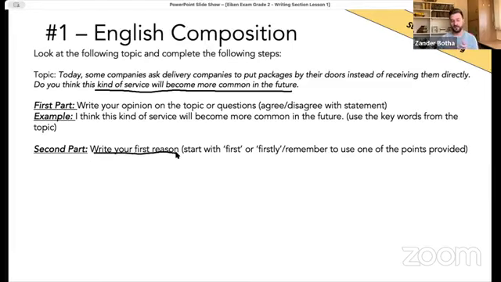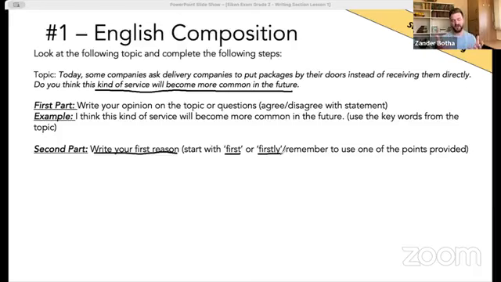Now, it's very important here that you start with something like first or firstly to show the person that this is reason number 1, okay? This is very, very important for your structure. And also remember to use one of the points that they provide you, okay? It's very, very important to use one of the points that they provide you.